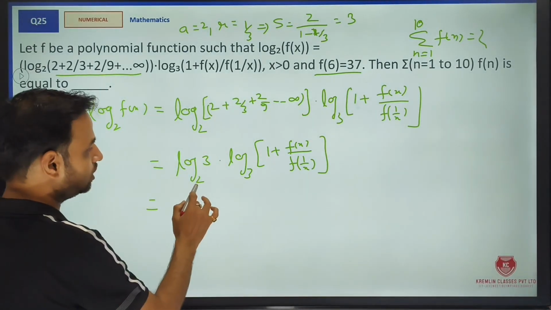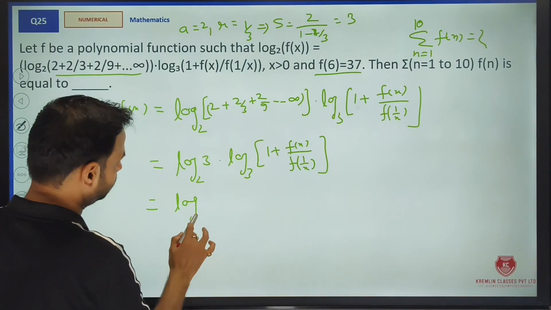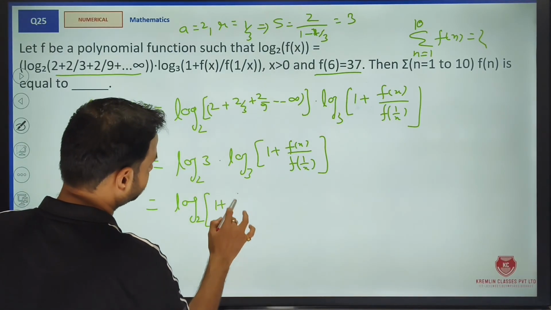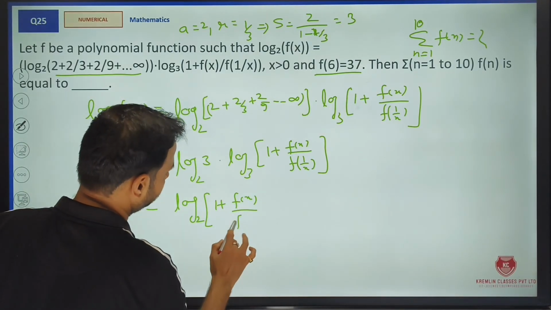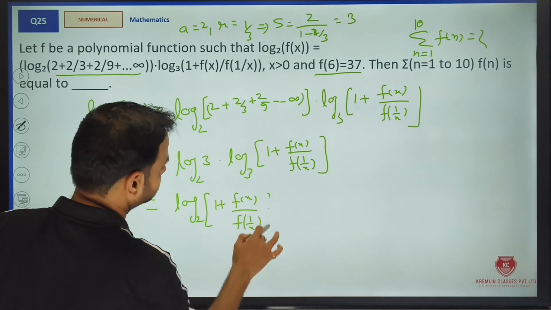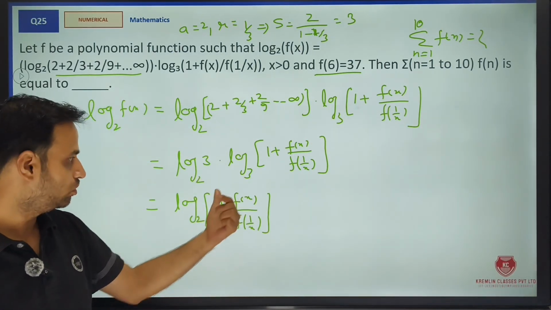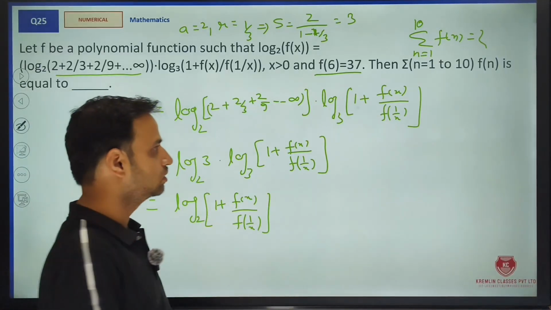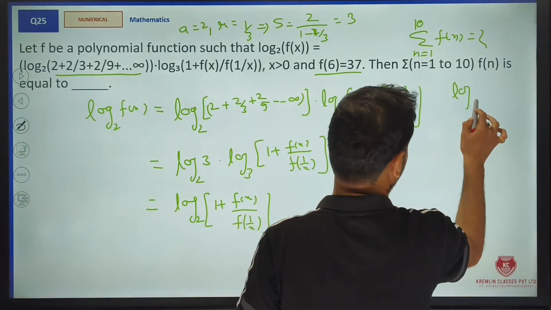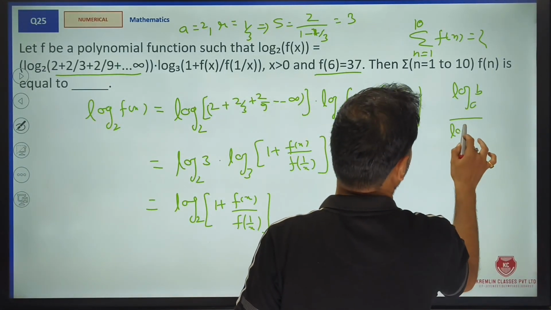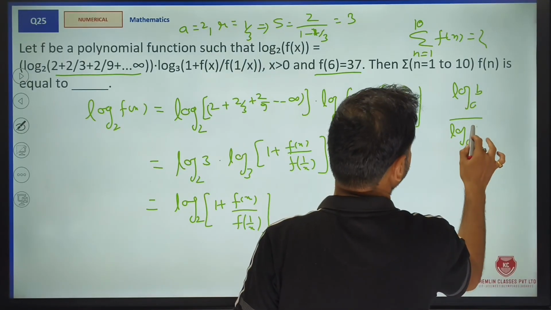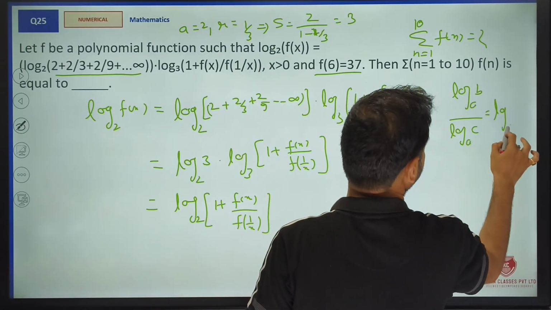So by the cyclic property, it will come out to be log 2 of 1 plus fx upon f of 1 by x. We know this base changing property: log of AB upon log of AC is log CB.